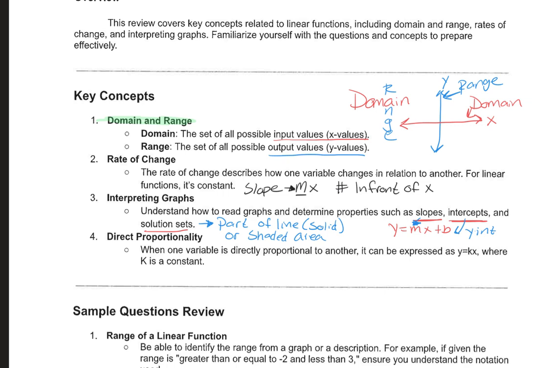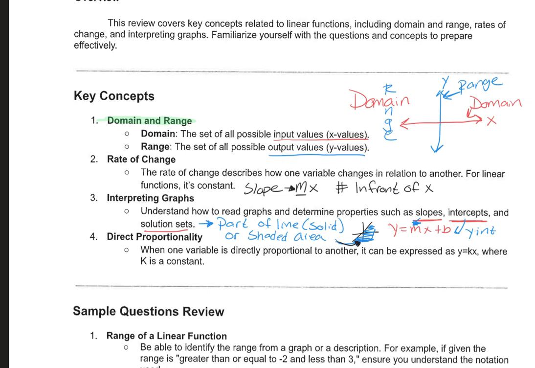So if I'm graphing an inequality, right, so let's draw a little graph here, let's say this is my inequality. Anything down here, anything in the shaded area, right, would be a solution to that. Do that arrow in black. Also, since I drew a solid line, any point on that line or any point in the shaded area would be part of the solution set, or would be a solution to that inequality.